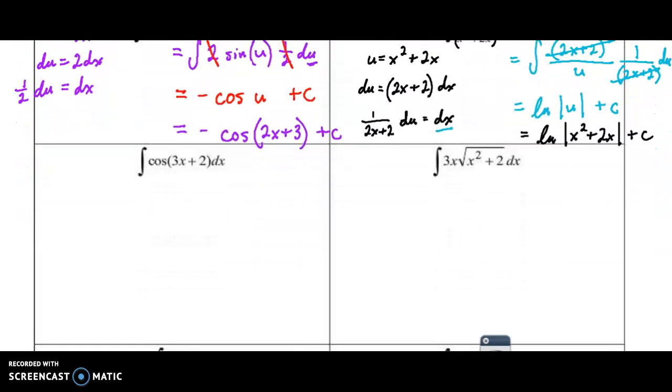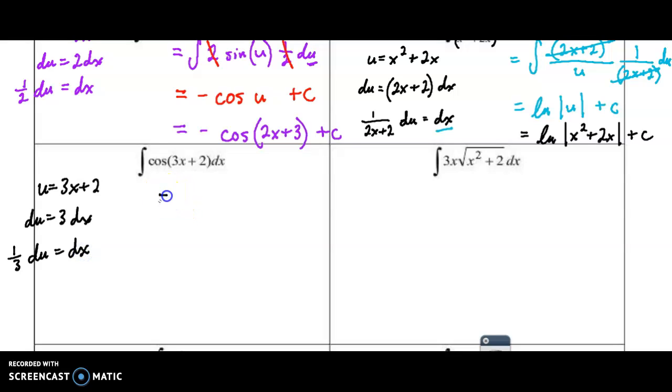Yeah, as I continue on, now this one's kind of straightforward. If you let u equal 3x plus 2, then du will equal 3 dx. So I'm looking at 1/3 du is equal to dx.